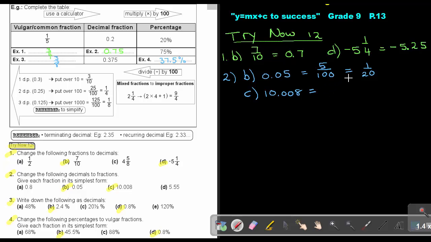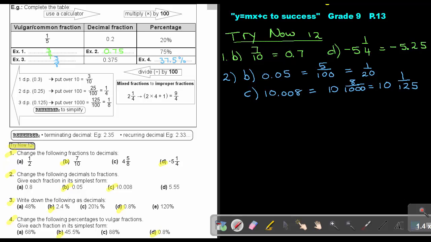Okay, so I can write 10, and then 8 over, there's 1, 2, 3 places, so that will be over 1,000. And if you simplify that, if I press 8 ab/c 1,000, that will give me 10 and 1 over 125. That will be my final.